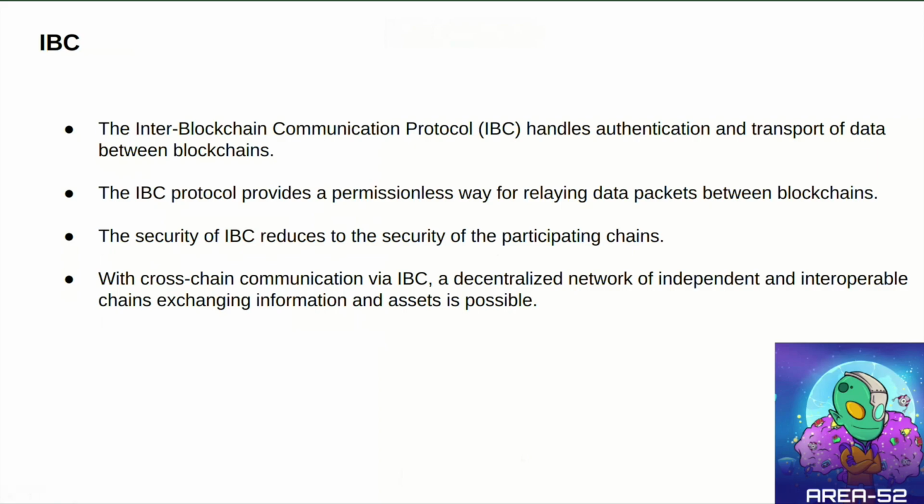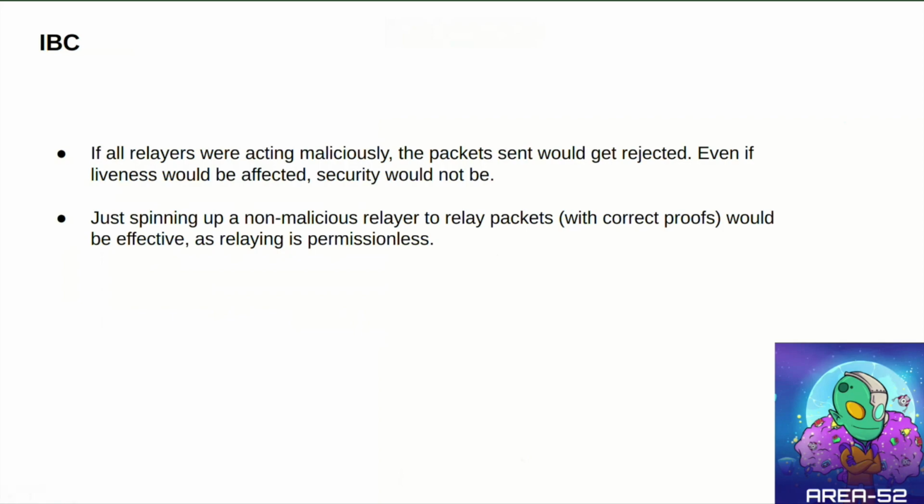It's a trustless way of forwarding packets. You could take it as a Web 2 comparison to TCP. Using IBC really enables this whole multi-chain vision, where we have all these protocols interacting together.